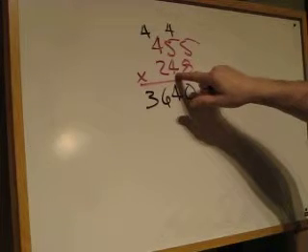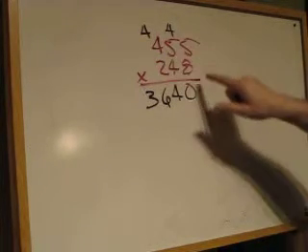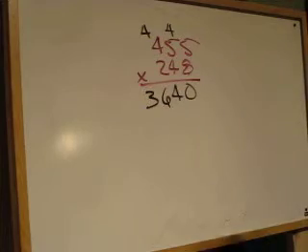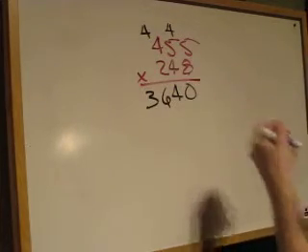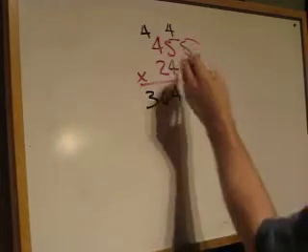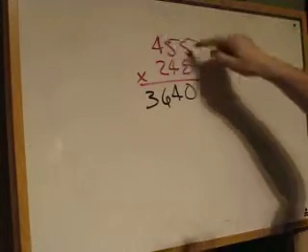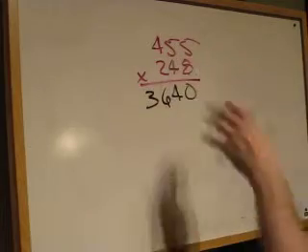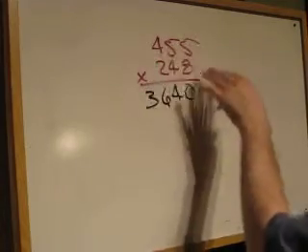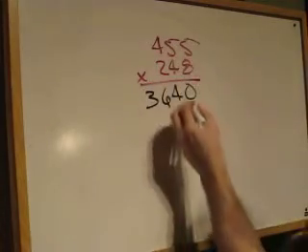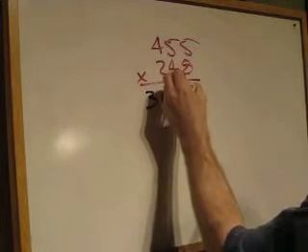Now I'm going to multiply 455 times 4. Actually, because that's in the tens position, it's 455 times 40. But let's go ahead and just look at it as 4 and multiply it. Let's erase these. We're done with these. We used them on the 5 times 8, 5 times 8, and 4 times 8. Now we're going to erase them and start over with the 455 times 4. 5 times 4 is 20. And remember, we're going to keep in line here.